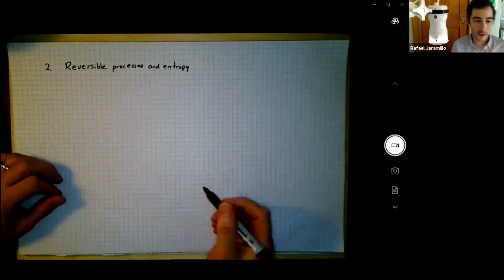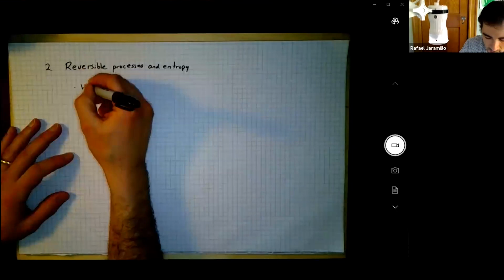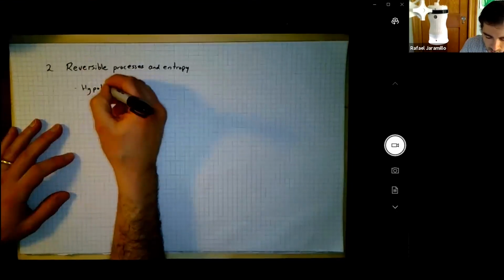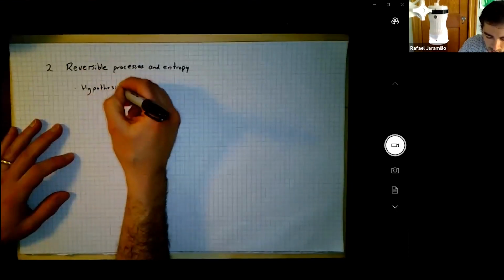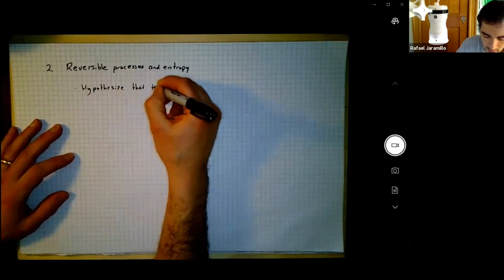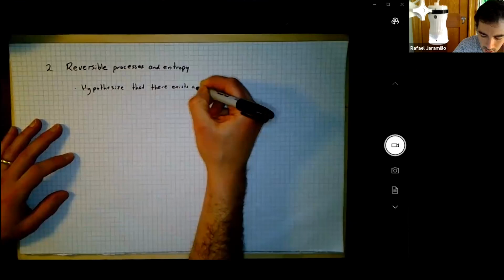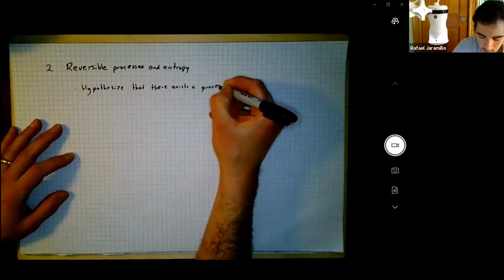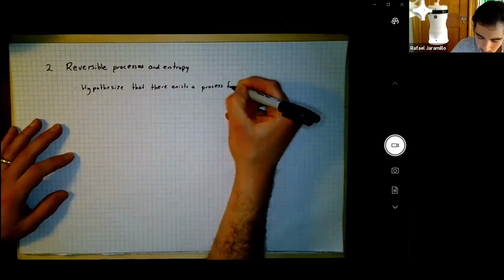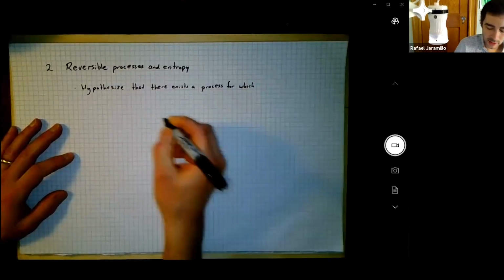So now we're going to hypothesize that there exists a process for which every step is reversible.